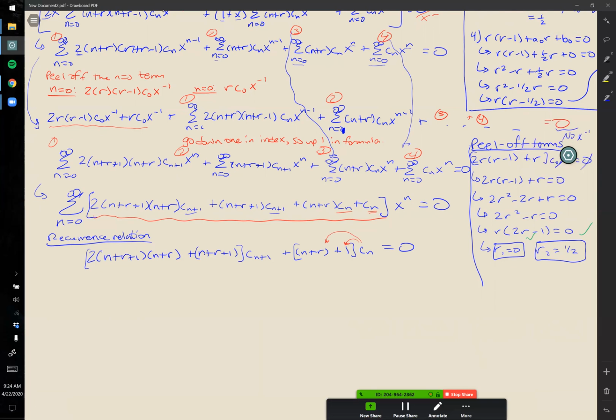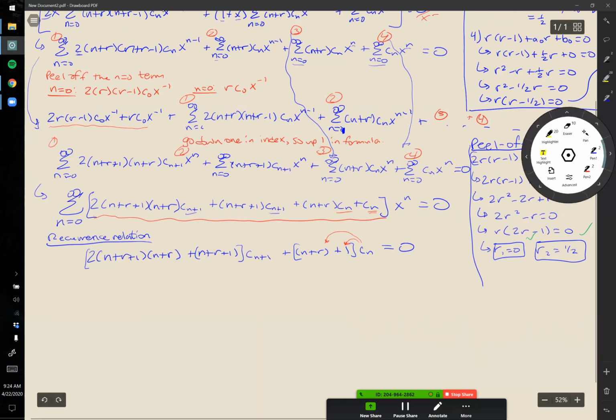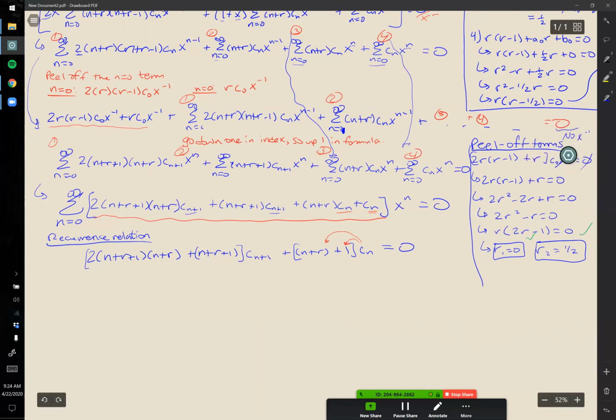So yeah, what else can we do? I noticed that this shares as well, which is going to actually help us, I promise. They share n plus r plus 1. So one last little bit of algebra I can do is factor that out as well. I can factor it out here, and I'd have n plus r plus 1 times Cn plus 1. And what would be left inside?